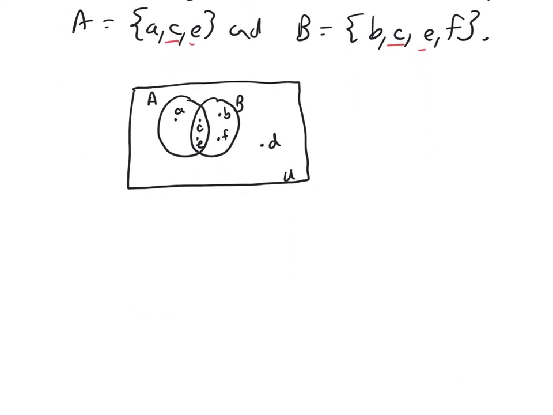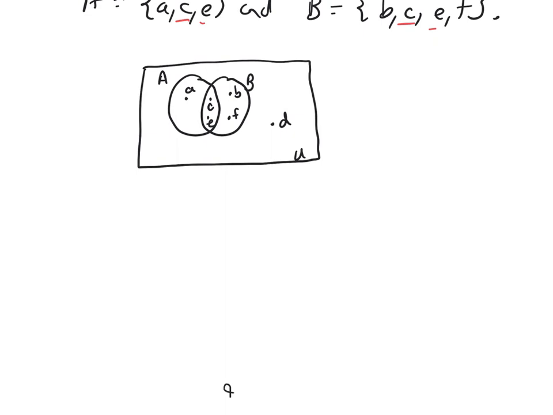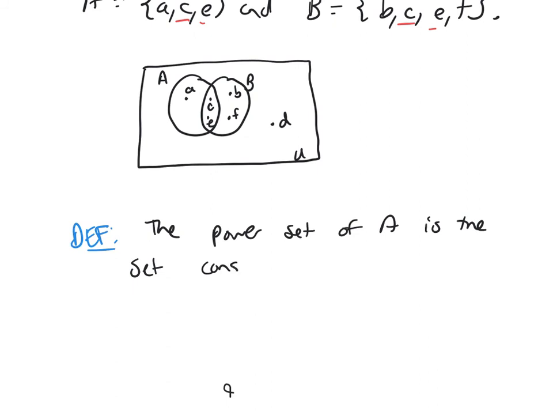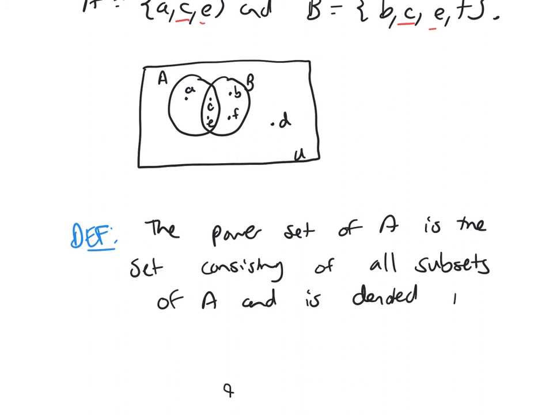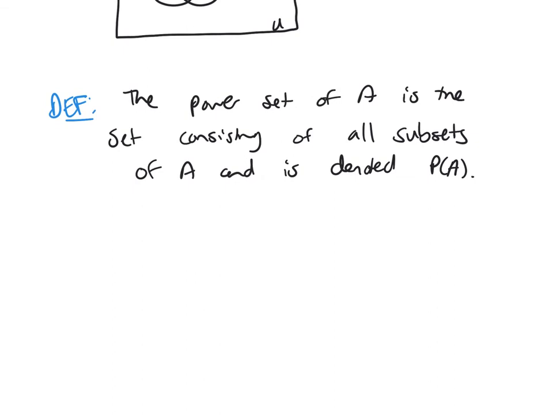So we're going to end this video by talking about the power set. So definition. The power set of A is the set consisting of all subsets of A and is denoted P of A. So let's look at an example here.